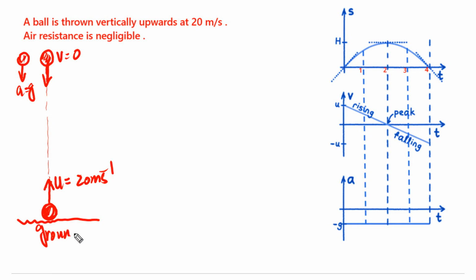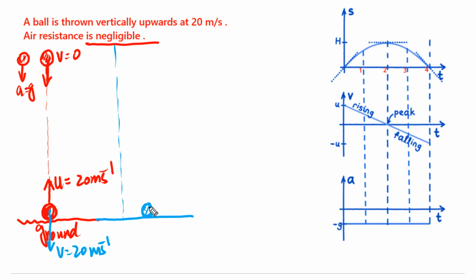As its initial velocity is equal to 20 meters per second and there is no air resistance, when the ball reaches the ground again, just when it strikes the ground, its velocity v will again be equal to 20 meters per second, and this is according to the law of conservation of energy.